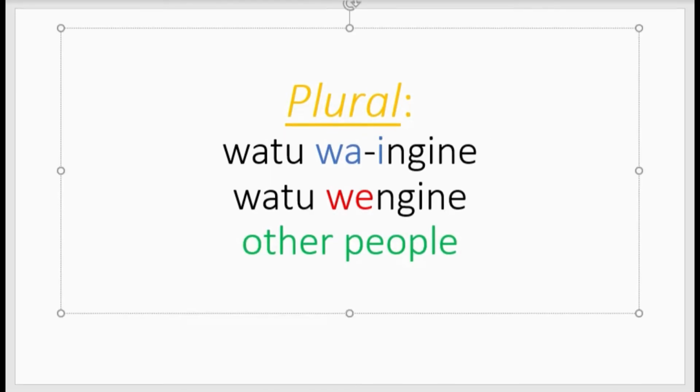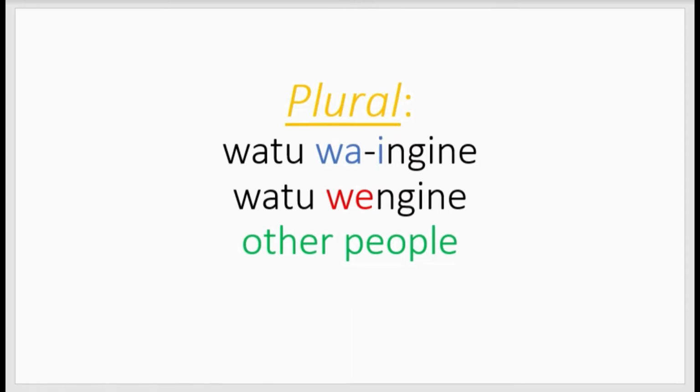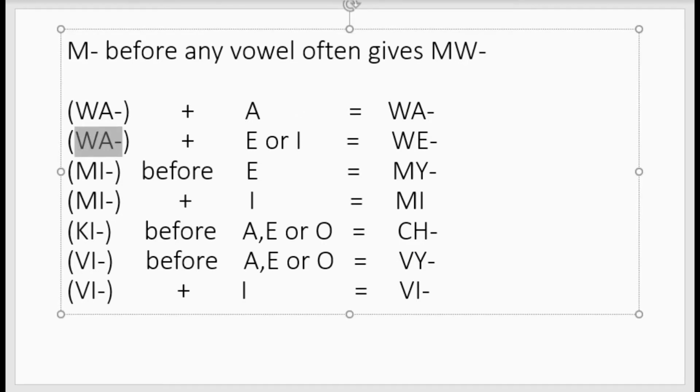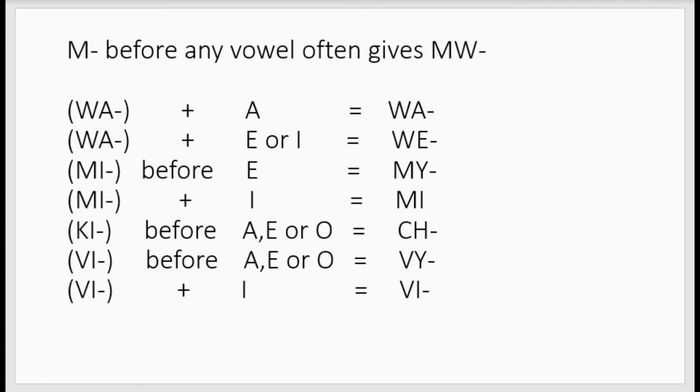Now watu ingine. We take the wa, the first one, and then we have the dash here before the adjective. Now wa combined with e, what do we get? Wa combined with e, we get we.